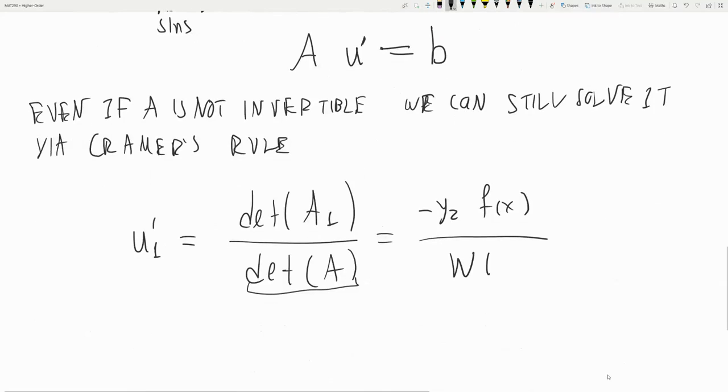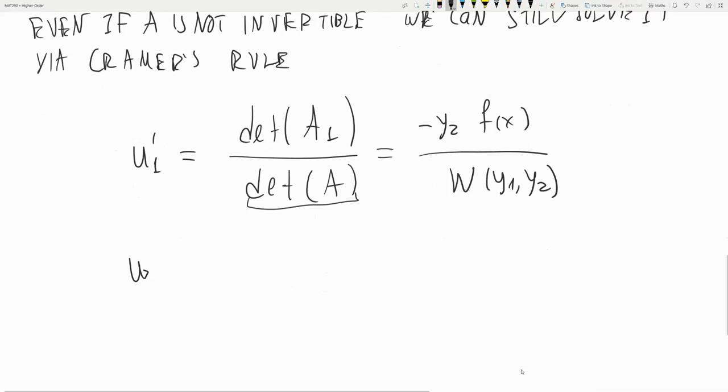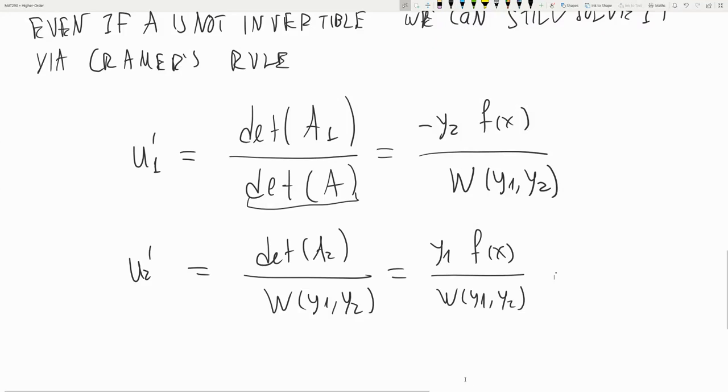So this is the Wronskian of y1, y2. And then u2' is the same thing, but then we swap the second column by b. So that gives you y1 f of x over the Wronskian.